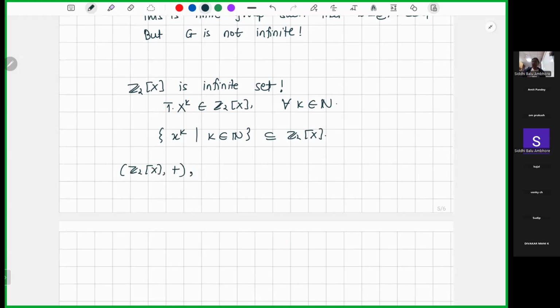So when I have to check that a square is equal to 1, since this is addition, I have to check whether a plus a is 0 or not. This a square means a dot a is 1. This is my group operation and this is my group identity, right?